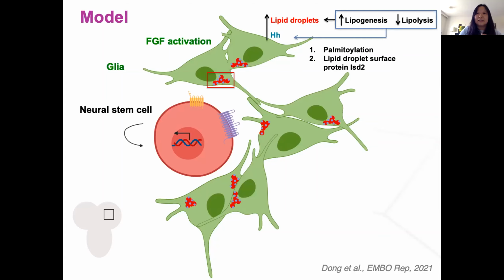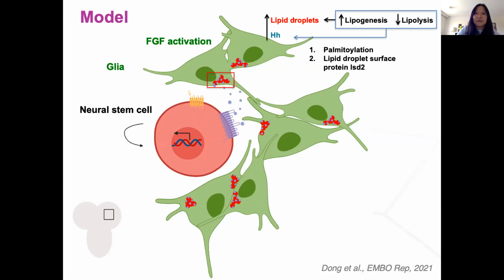And this increase in lipid metabolism is responsible for modulating hedgehog ability to signal to neural stem cells by two mechanisms. The first is by post-translational modification by palmitoylation, and the second is perhaps through competition for space on the surface of lipid droplets by LSD2.